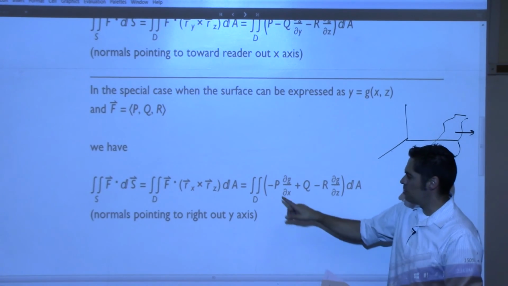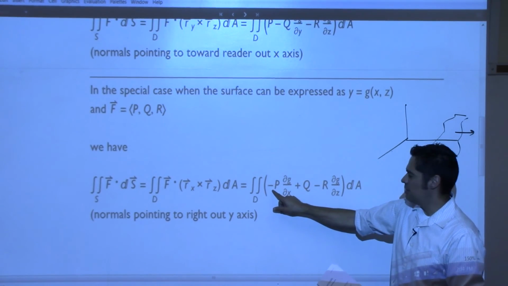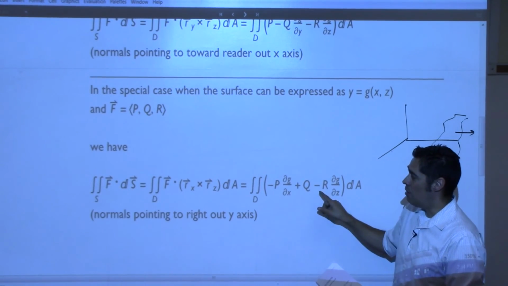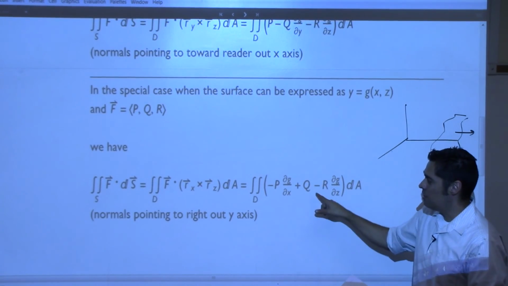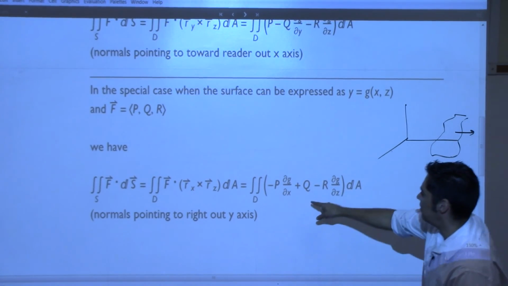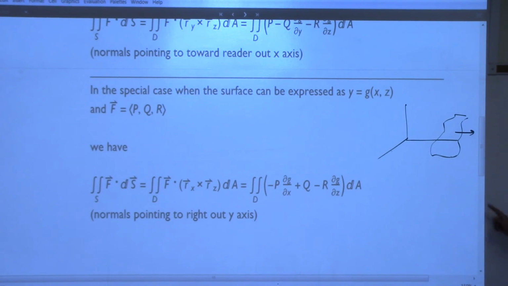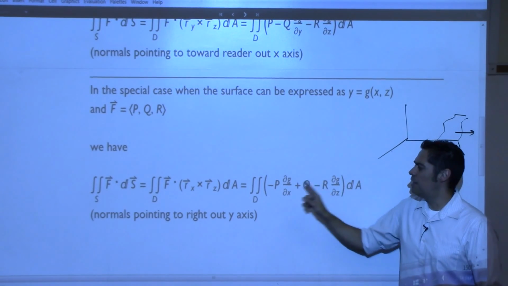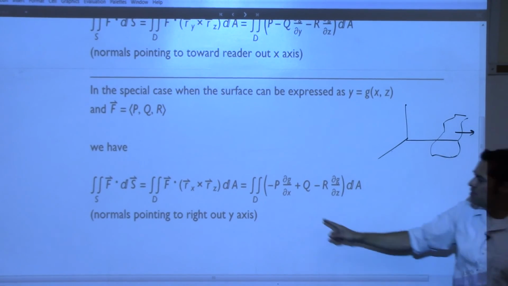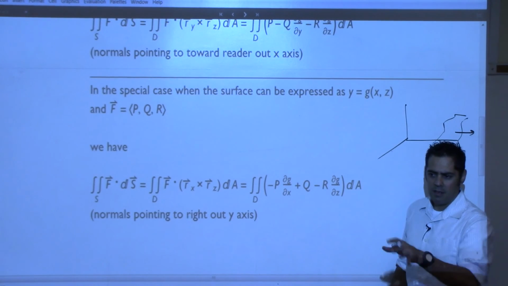On the PDF version, doesn't it say positive, negative, positive? Yes? Okay, so if you're going to stick with the PDF version, that's your normals pointing out the left. This is what you have when the normals point out the right. Does this make sense or not? Use this formula right here if you want your normals pointing this way. If you want the normals to point out the left, switch the signs. That's what's in the PDF.